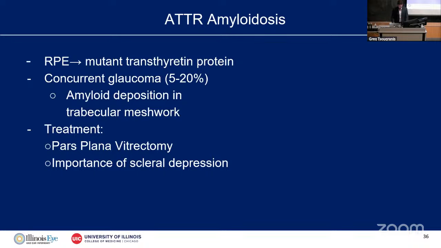With regards to treatment, these patients most of the time need to undergo pars plana vitrectomy if the amyloid deposits are visually significant. And it's very, very important when these patients undergo vitrectomy to undergo scleral depression as well to make sure that there is complete vitrectomy, removal of all of the vitreous.